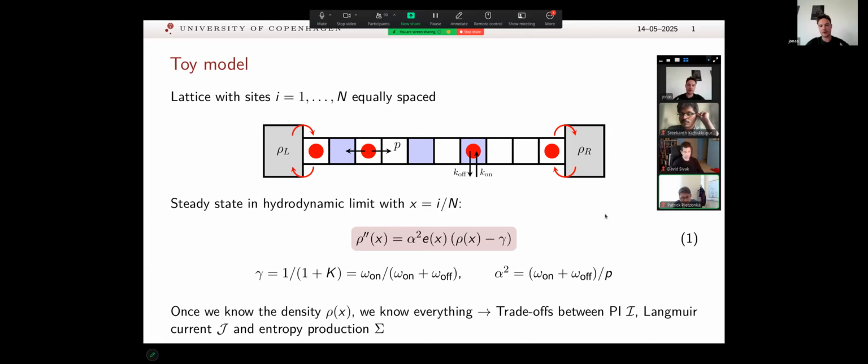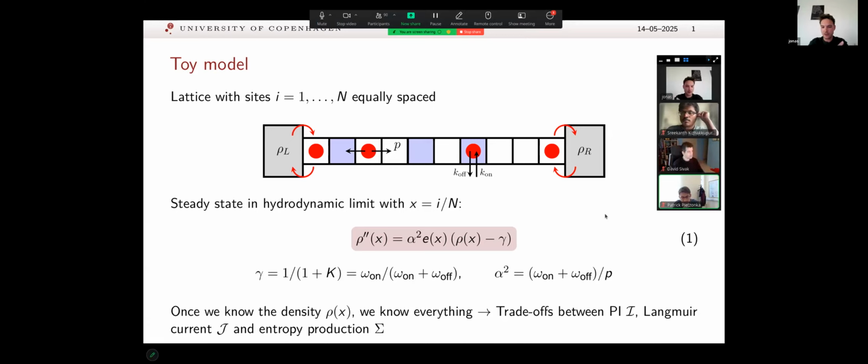Either particles are on average pushed out of the bulk or absorbed into the bulk, depending on gamma being smaller or larger, sorry, than 1/2. And once we solve this differential equation and we know the density, we basically know everything.